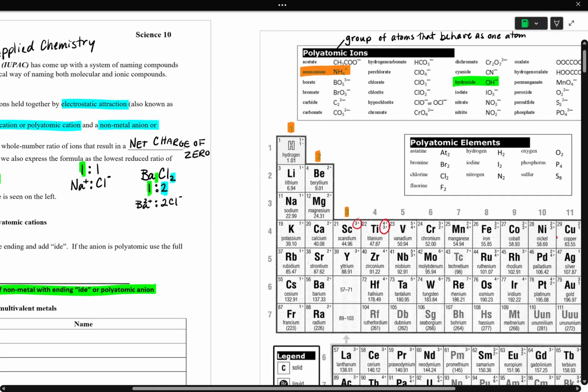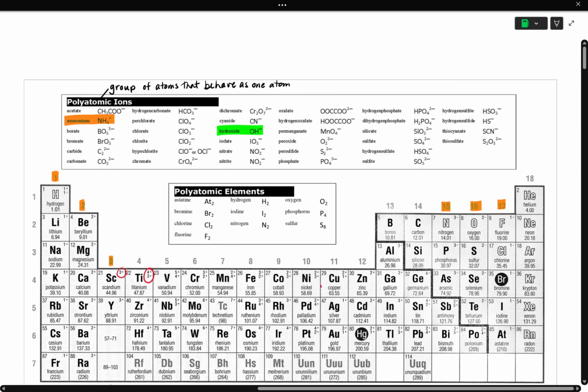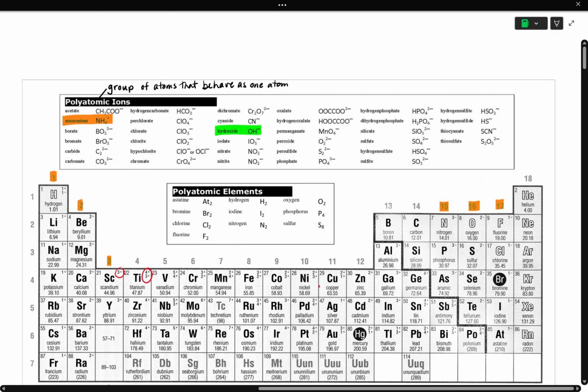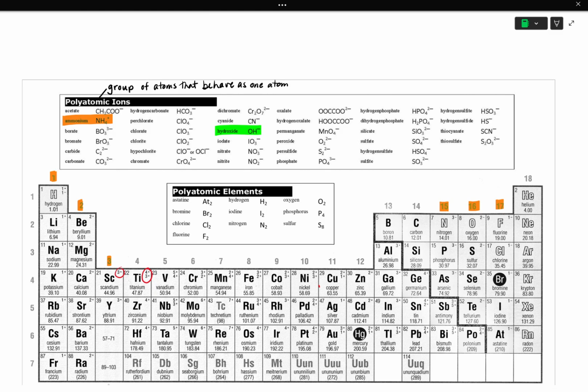Take a look here in the polyatomics at some of those names. We have acetate, so ATE could be an ending. Borate, carbide, IDE, chlorite, ITE, sulfide, peroxide, silicate, sulfate, so ATE endings, IDE endings, and so on.